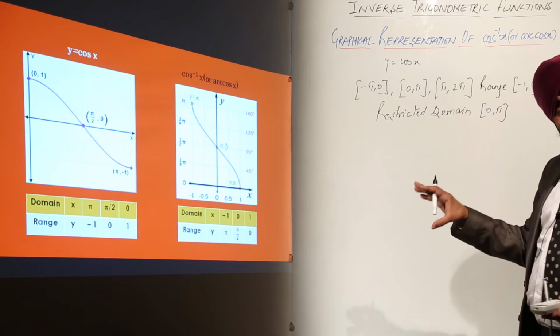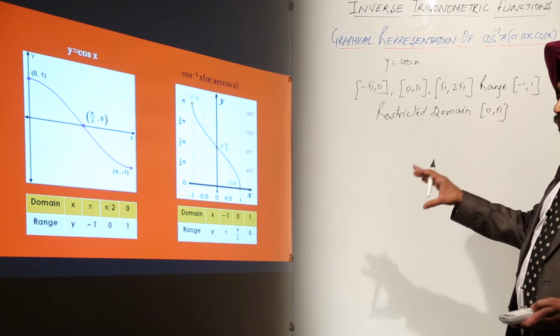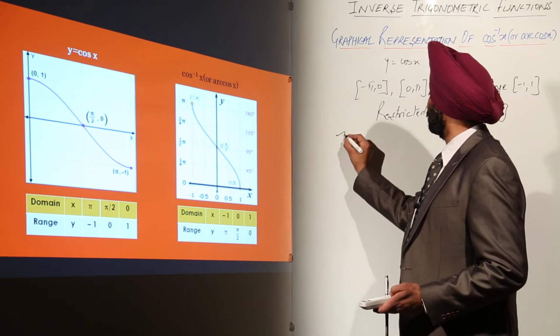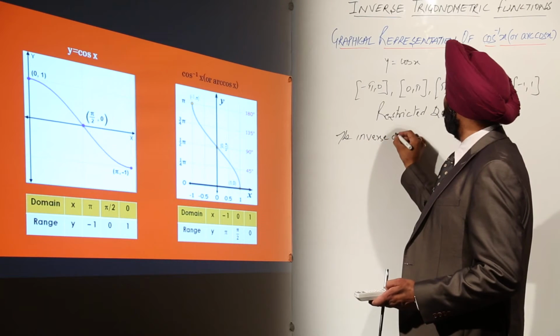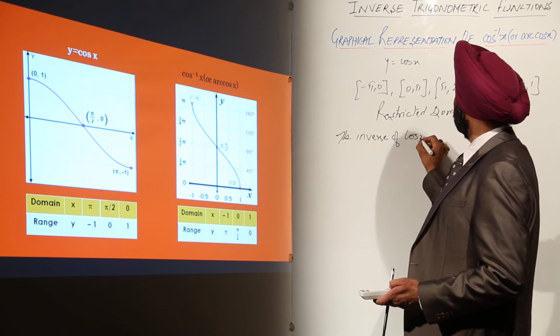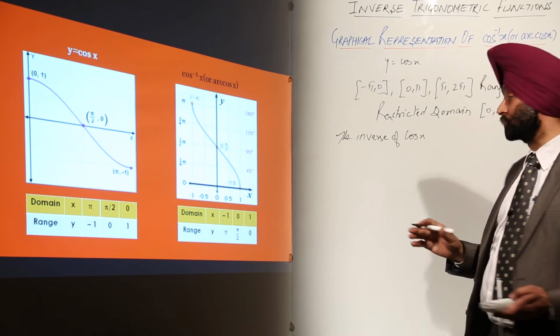Now we can define the inverse of the cos function.